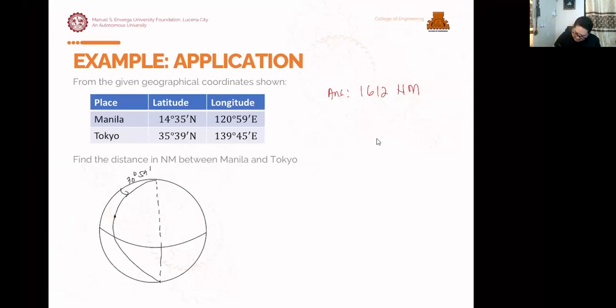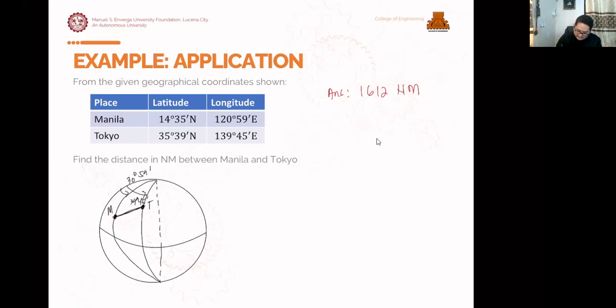So, limbawa, ito si Manila, no? Yan. And si Tokyo daw is 139. So, si 139 is nandito rin, somewhere. So, mula dito, okay, so yung angle niya is 39 degrees, 45 minutes. Then, yung latitude naman niya is 35 degrees north. So, ito yun. Yan si Tokyo.